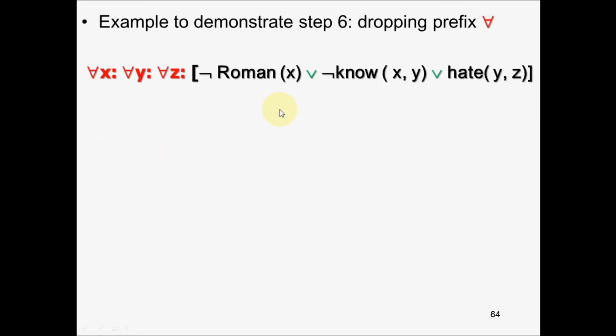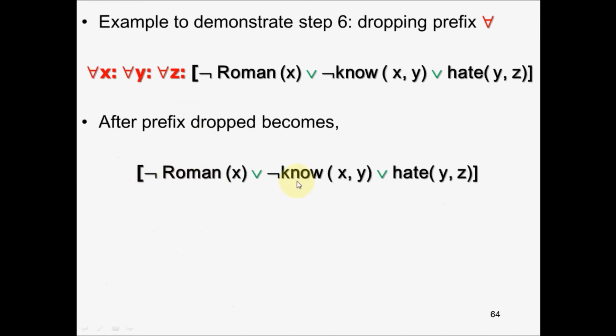say you have for all x, for all y, for all z, not Roman x or not know x comma y or hate y comma z. Now this statement is already in prenex normal form. So if you apply step number 6, dropping the prefix universal quantifiers, after doing that it becomes this.